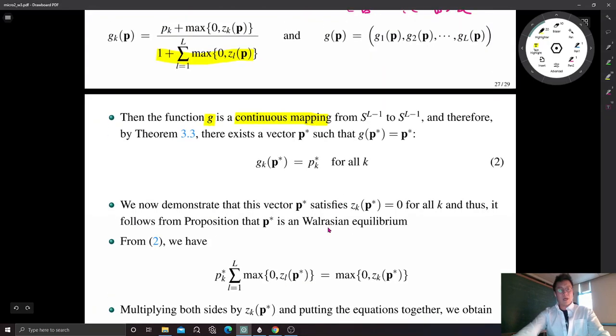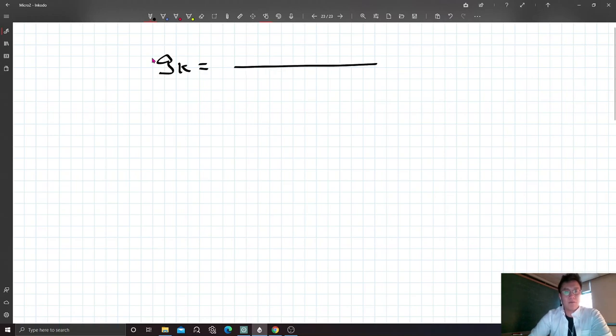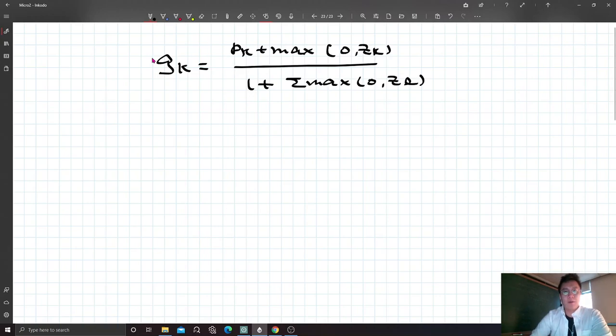All right, because function g sub k is defined by p sub k plus the maximum of 0 and z sub k, and we have 1 and the summation of maxima on the bottom.